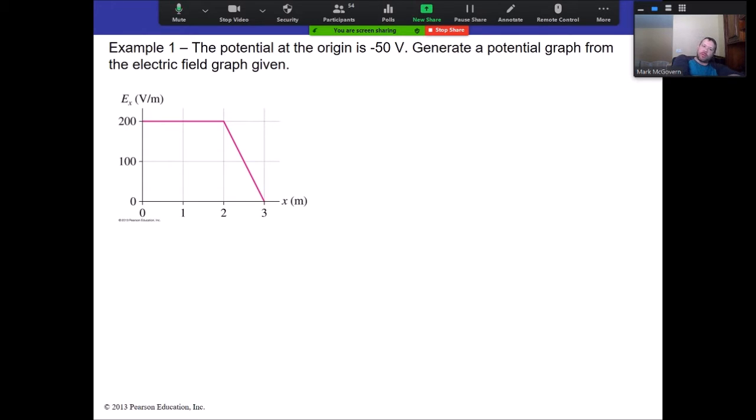So I'm going to do this in pieces. You might remember something like this way back in Physics 110, where we worked out positions from velocity graphs. It's the same idea.